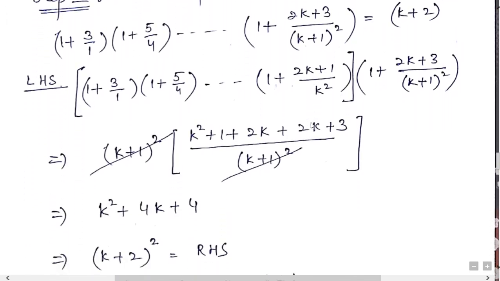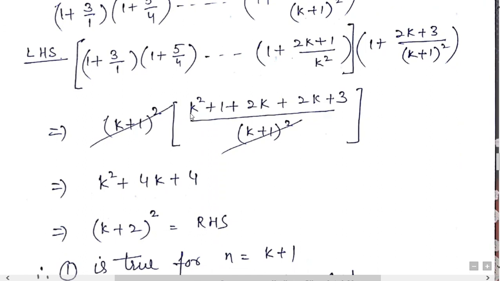Now insert the value k plus 1 whole square, then k square plus 1 plus 2k, take LCM over here, plus 2k plus 3 divided by k plus 1 whole square. K plus 1 whole square cancel with each other, and k square plus 4k plus 4 in the numerator is there.